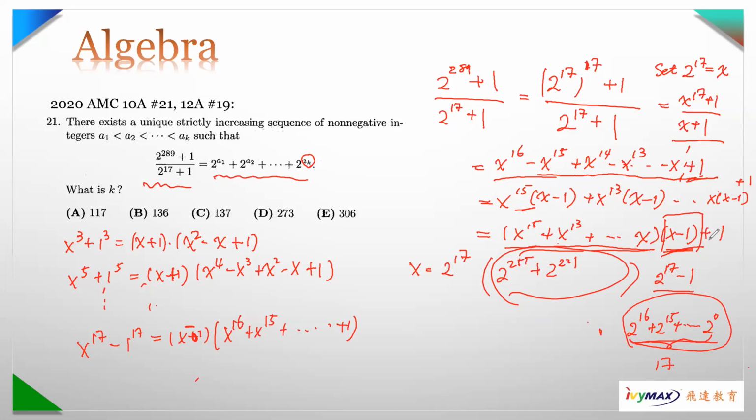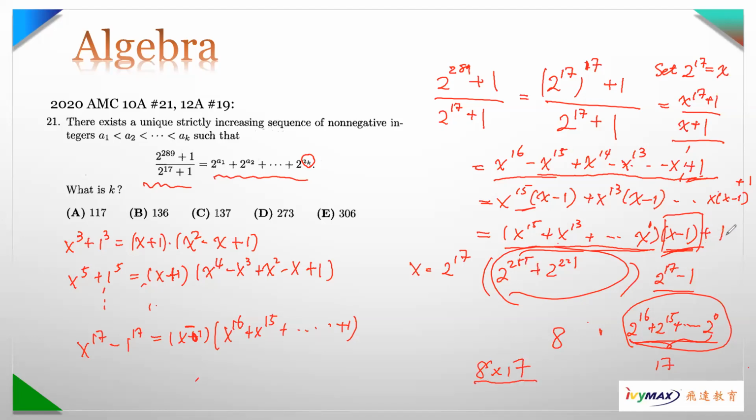So that leads to how many exponents we can have. Like the first part, x to the power 15 plus x to the power 13 all the way to x to the power 1. So we should have 8 items in the first parenthesis, right? And we have 17 items in the second parenthesis. So that leads to 8 times 17 items after you do the multiplication.